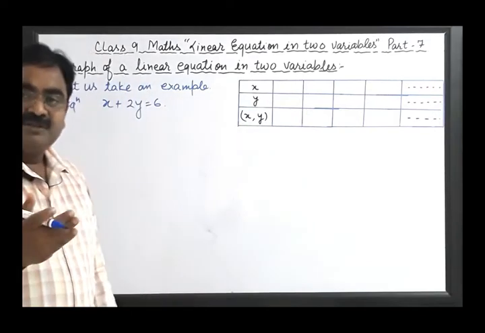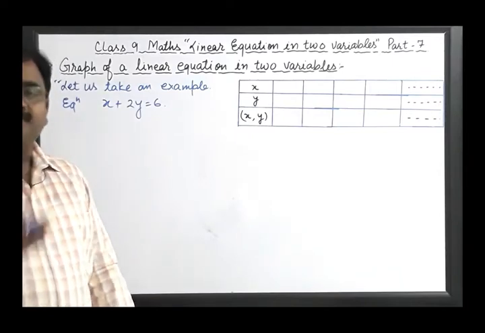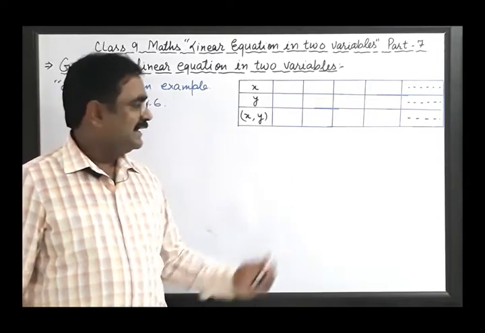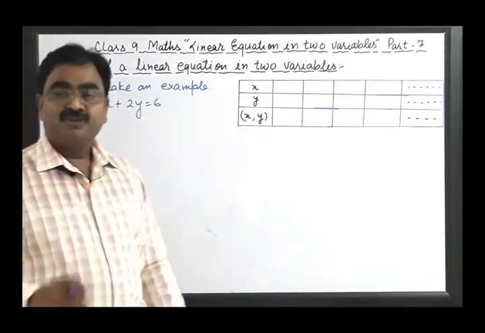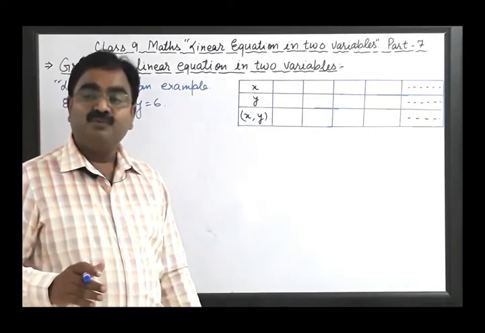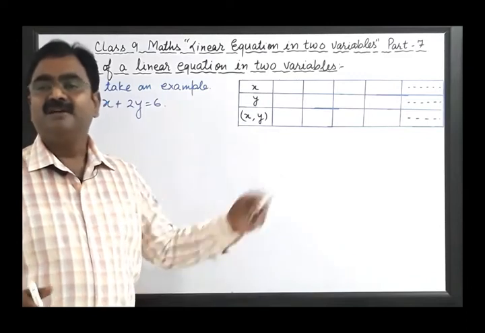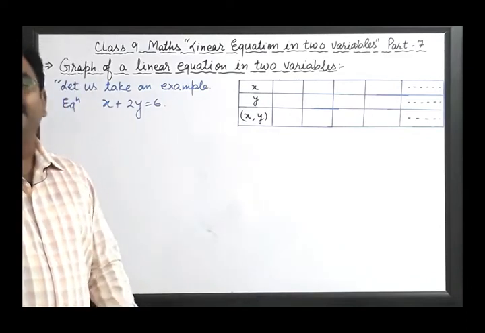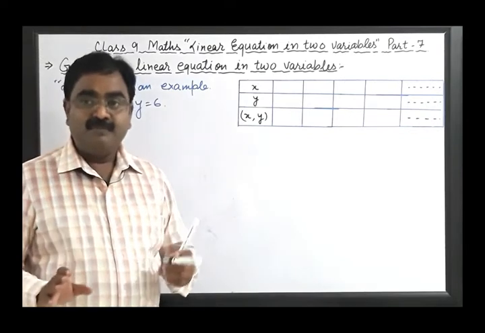Then after finding those solutions, we will draw the graph in our Cartesian plane. Right children? So we have to plot those solutions in the Cartesian plane, and we will join them, we will get a straight line. Is that okay children? Any problem?